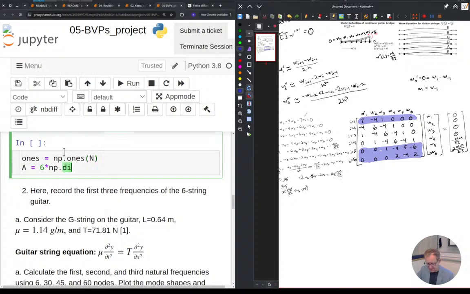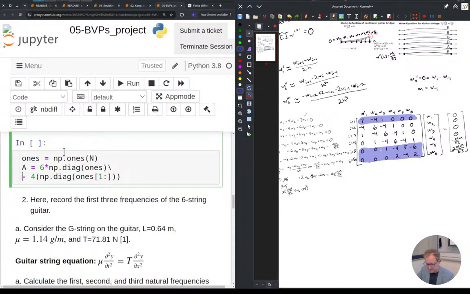I just want to make a vector called 1s that is that size. Let's do multiple rows.